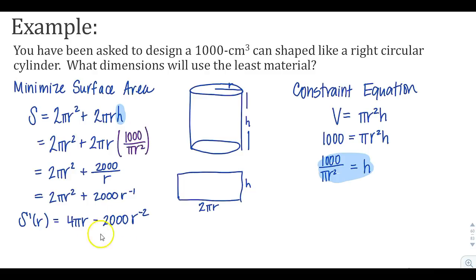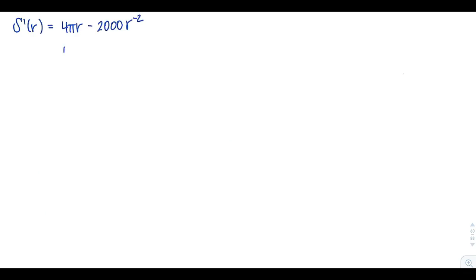And I'm going to need to rewrite this as a rational expression. So I have 4 pi r minus 2,000 over r squared. And I want that common denominator of r squared, so I'll multiply the top and bottom by r squared, and I'll end up with 4 pi r cubed minus 2,000 over r squared.